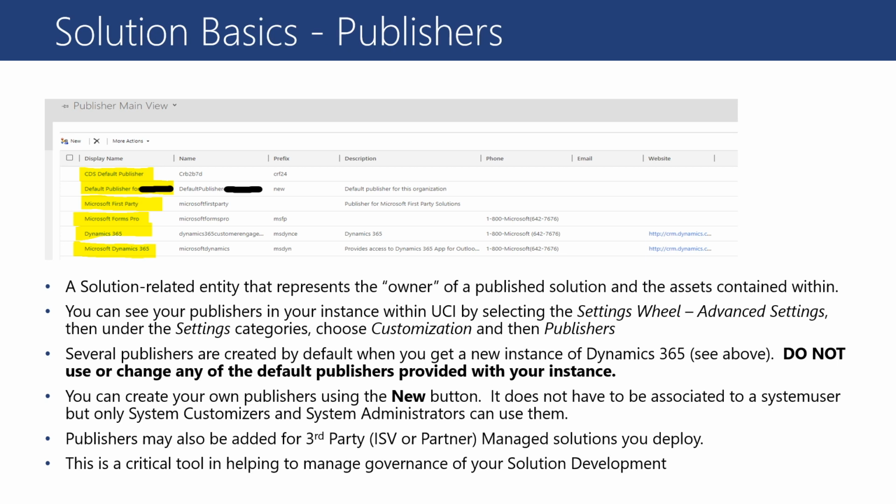Do not use or change any of the default publishers provided with your instance. You can create your own publishers using the New button. It does not have to be associated with a system user, but only system customizers and system administrators can use them. Publishers may also be added for third-party, which are ISV or partner-managed solutions that you deploy. This is a critical tool in helping you to manage governance of your solution development.